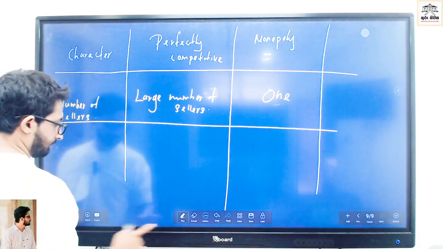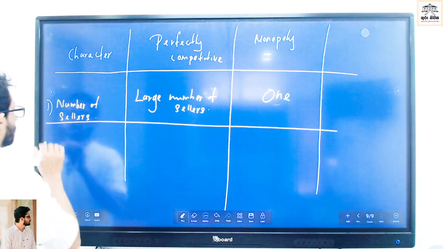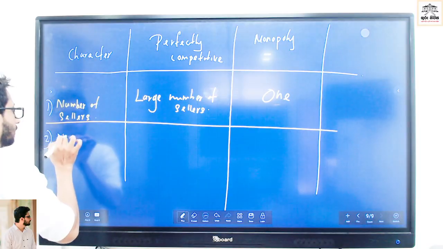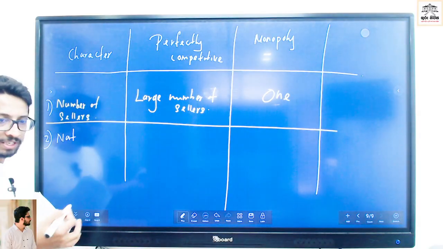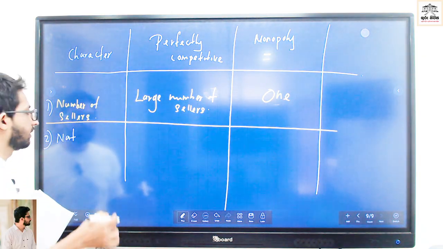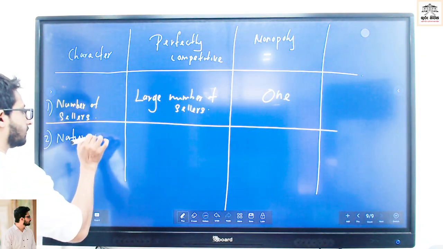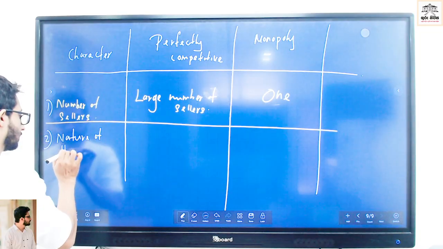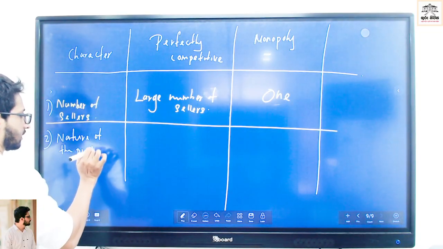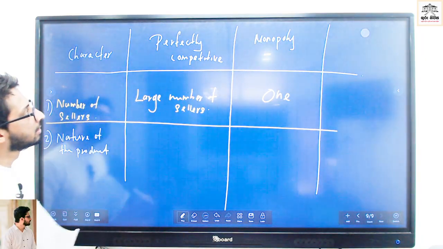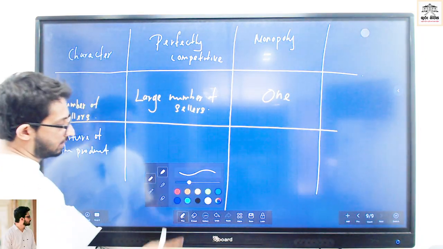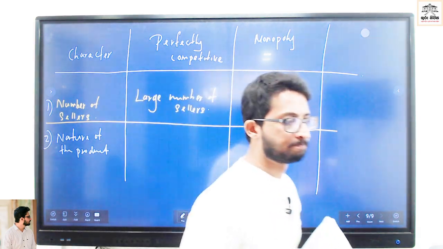Second one, nature of the product. What kind of product they are selling. In a perfectly competitive market, what's the nature of the product?